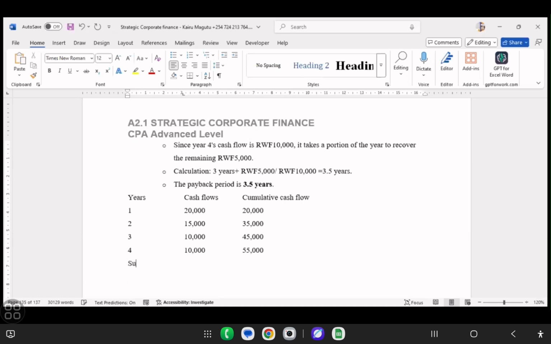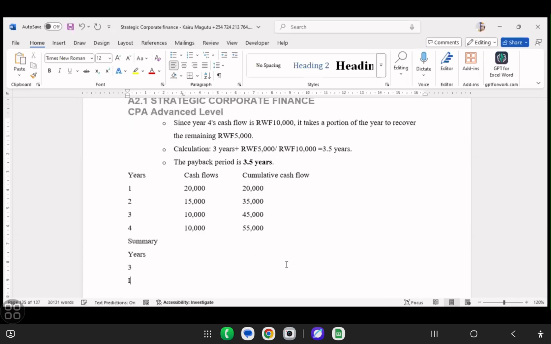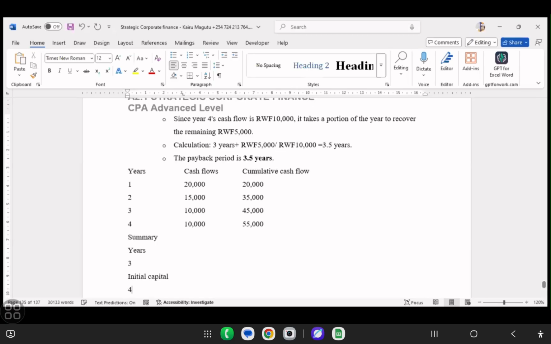So I can have the summary like this. I have my years, year 3 and year 4 for us to understand it better, the initial capital, and the cash flows.